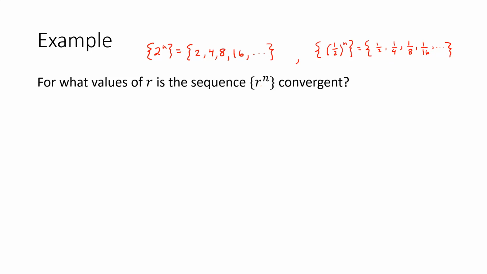And then I guess the only other possibility is what happens if r is equal to 1. Well, if I have just 1 to the n, it's always going to be 1. It's going to be the same value for each term. So this kind of demonstrates the three possibilities here, that r to the n, when I take the limit as n goes to infinity, could potentially come out to be one of three things. So if r is less than 1, the limit's going to go to 0.